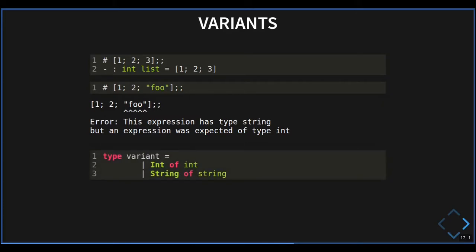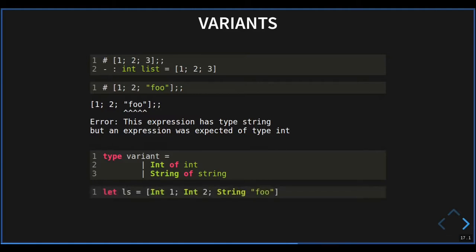But what we can do is create a variant type, which is either an int or a string. So this uppercase Int and String is called a constructor of this type, and each of them accepts a single value.